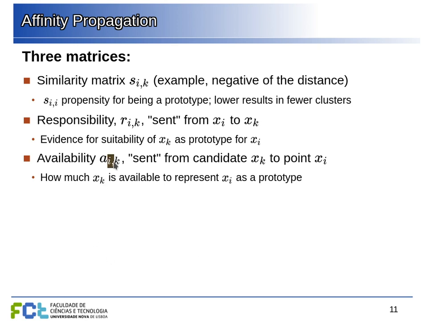So this would be the way the points are voting for their representatives. And then we have availability, which is looking from the other perspective, from the candidate k, whether that point is available to represent point i.